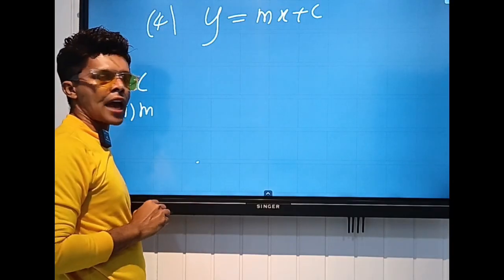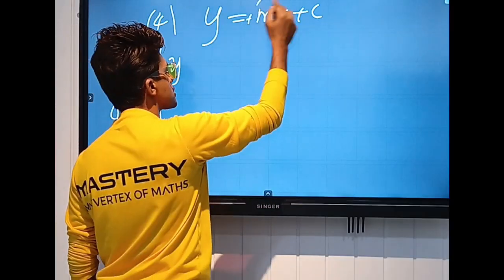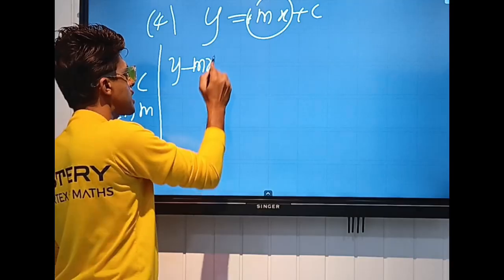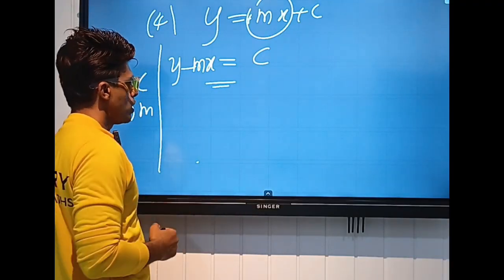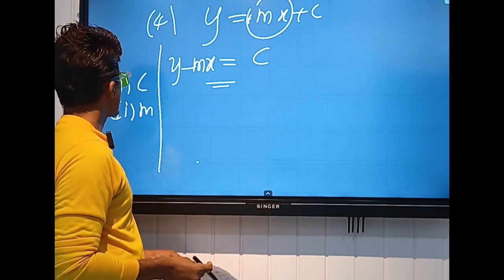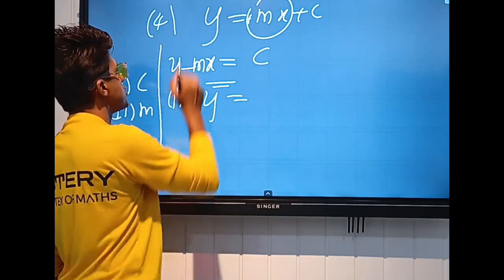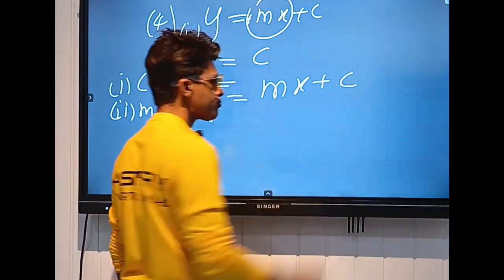So c can be written as the subject here: this plus mx is brought here, this becomes negative, equals c, the answer. The other point is you should find the term m as the subject. Y equals mx plus c, this is the first part, this is the second part.